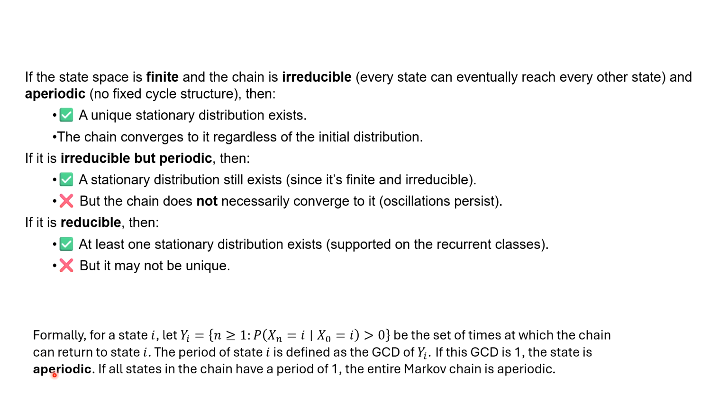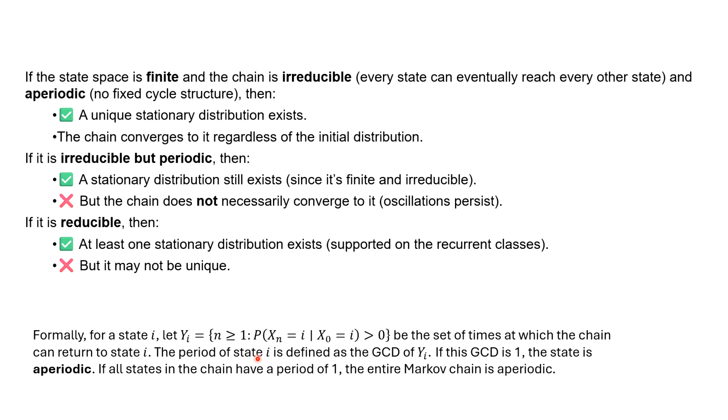We'll get into periodic and aperiodic later, but I just thought I'd at least give you a definition up front, just to give you the full picture. So formally, for a state i, let this expression be the set of times at which the chain can return to state i. So it would be some discrete number, 1, 2, 3, 4, whatever.